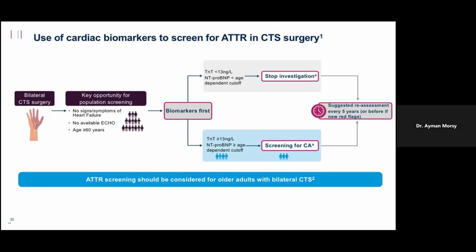please inform your colleague to check two important biochemical markers, troponin and NT-proBNP. If the troponin T is less than 13 and NT-proBNP is less than the age of your patient, since most of our patients are a little bit old, please stop the investigation, and there is also no need to take a biopsy during your surgery.